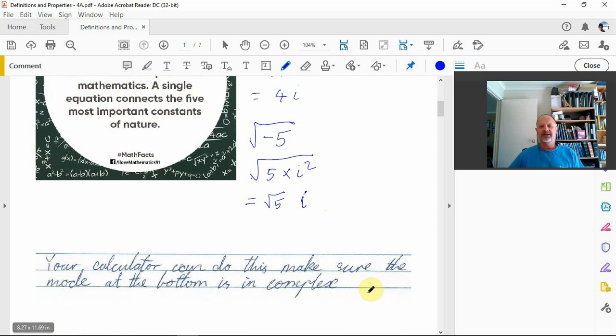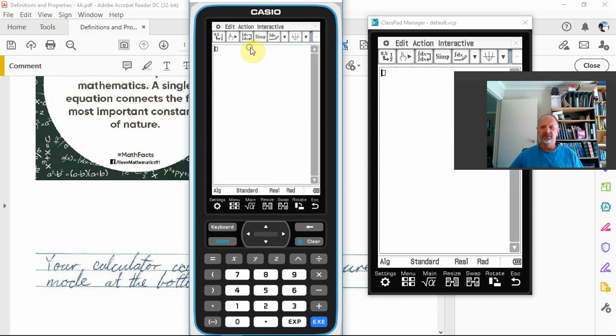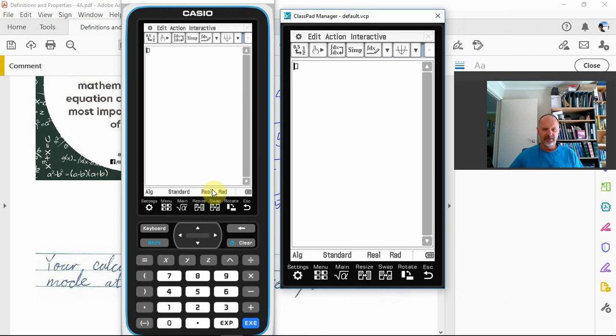Here it says your calculator can do this, so that, poorly worded by me, your calculator can do complex numbers. Let's go to our main screen. Down the bottom here, this one, real, complex. It just goes backwards and forwards, real and complex. And it does make a difference whether you're working in the real number world or the complex number world.